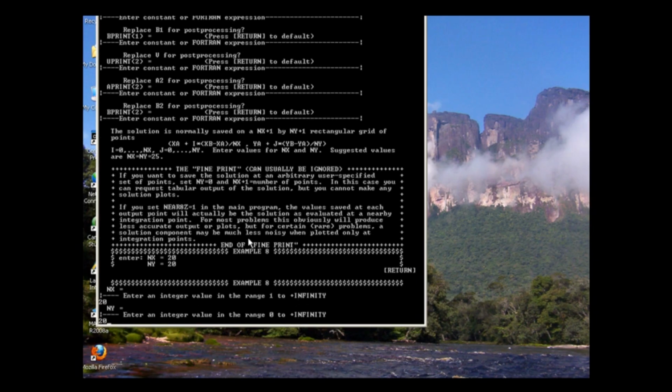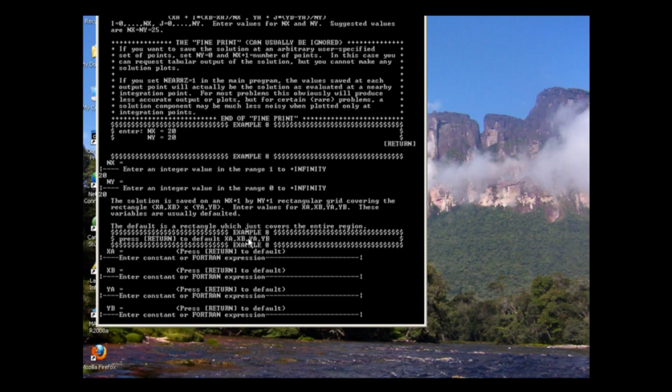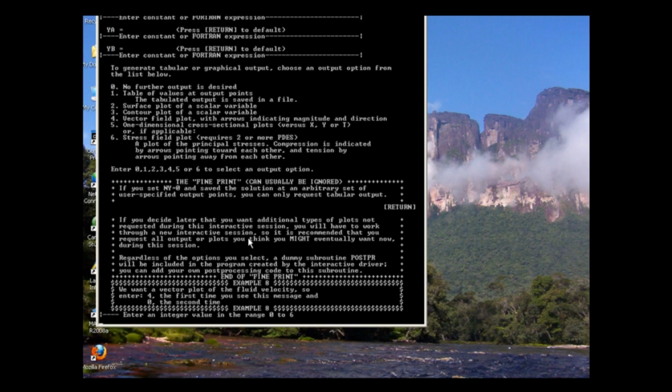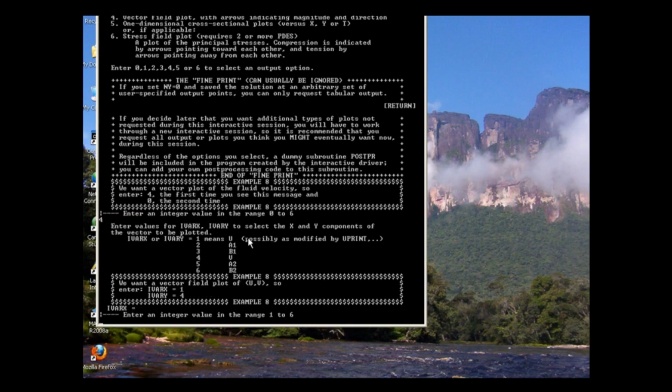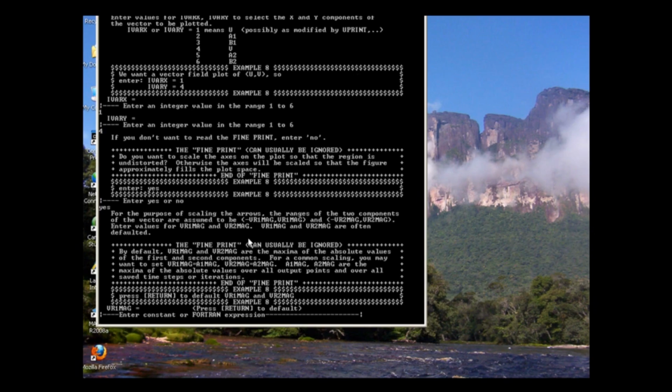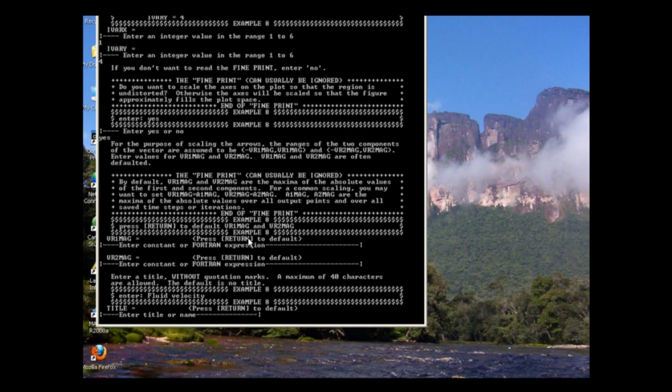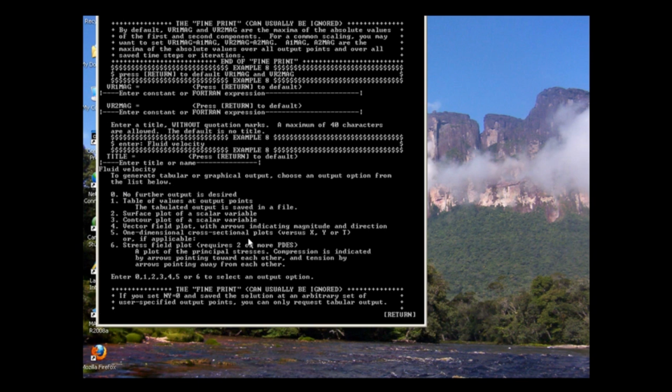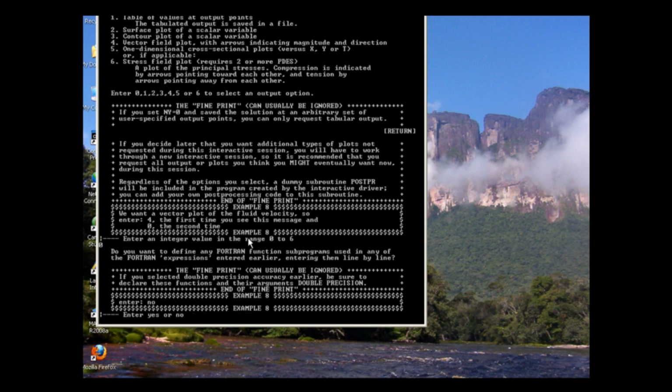We want a 20 by 20 output grid. Here you have a lot of output options. We're only going to do a vector plot of UV, the velocity field. And we're done.